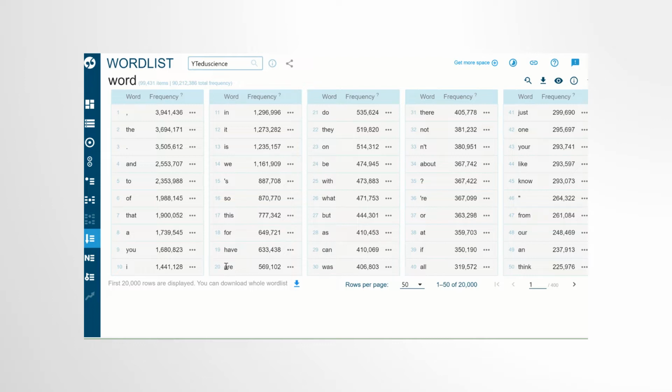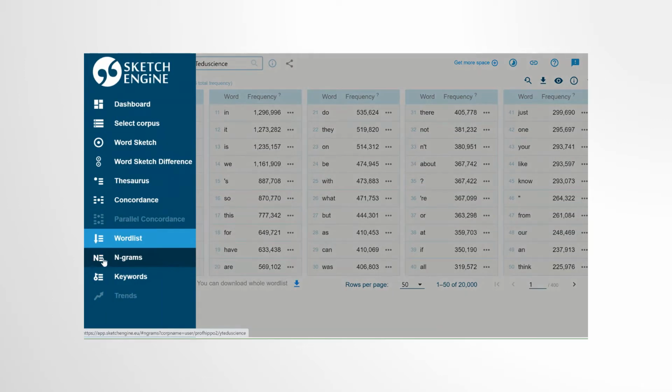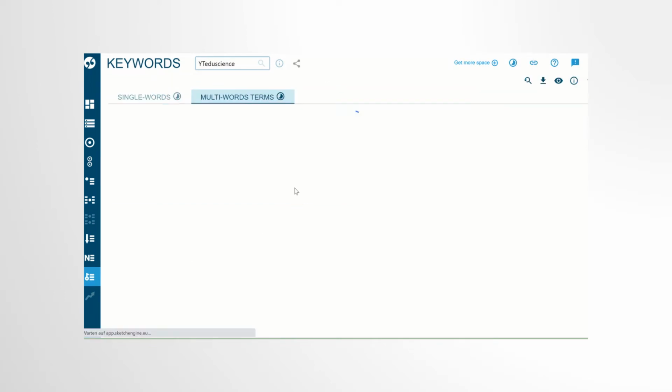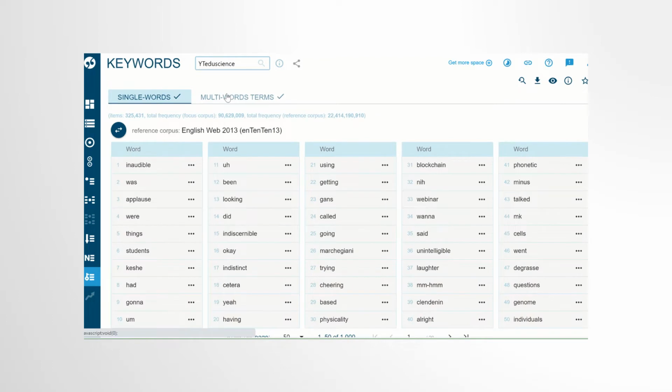What might be more interesting is the keywords list. So let's compile a keyword list. And this will also compile multi-word terms, in this case basically multi-word collocations. This is going to take some time, although I did the calculation earlier, so it shouldn't take that long.